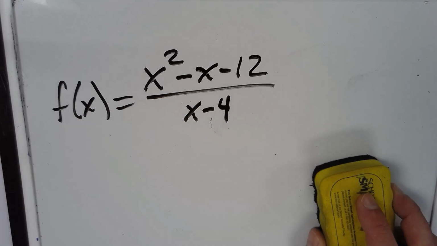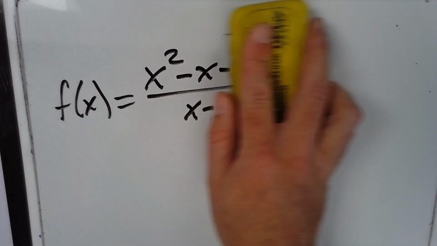All right, so quick check at the top of page 90. Why don't you sketch that? Quick check 1. What is it going to look like?